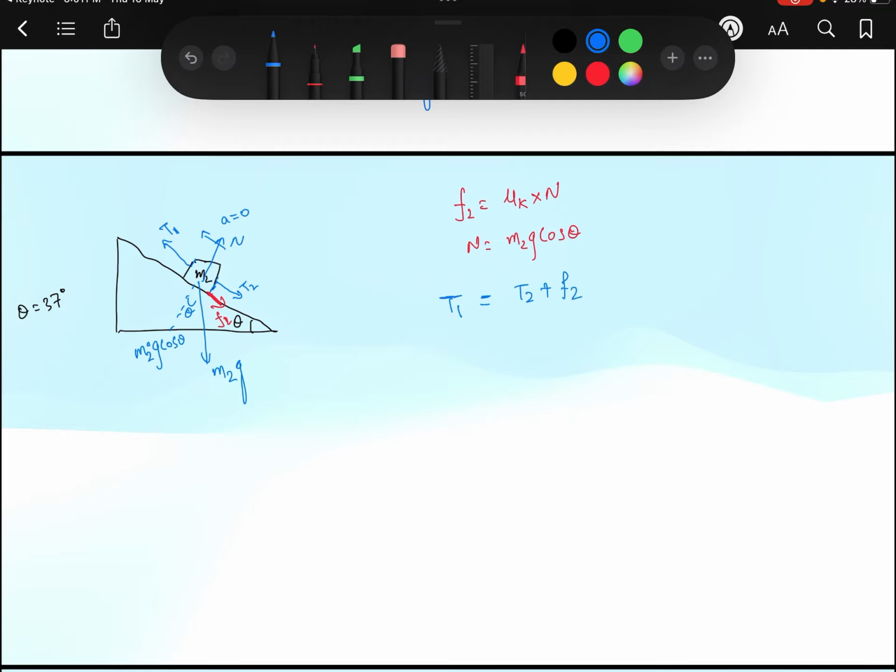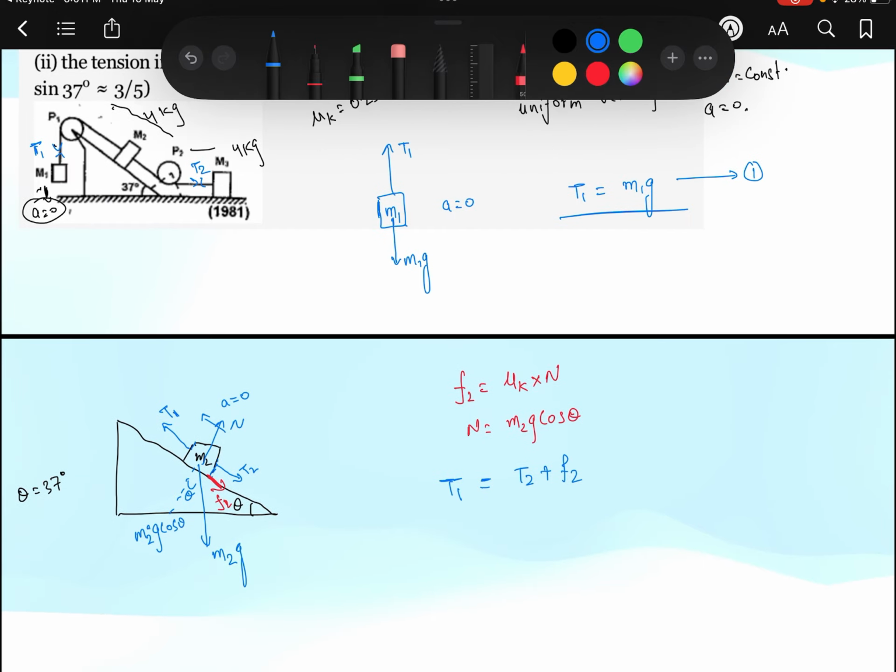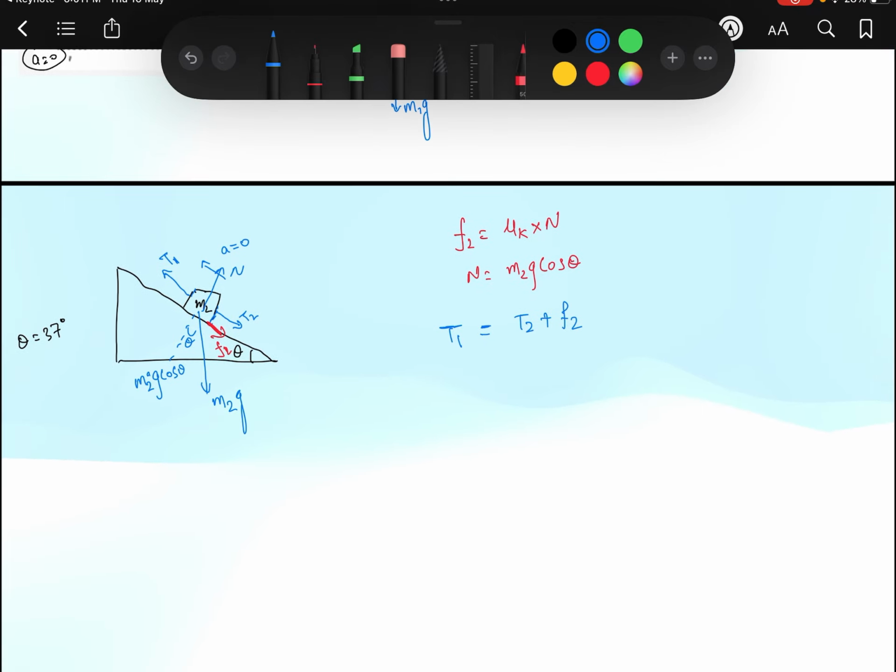The value of T1 we already know is m1g, or we will substitute it later. I will directly write the equation only here: T1 is equal to T2 plus F2, the friction force on the m2 block, where F2 is equal to mu k multiplied by the normal force, m2g cos theta. So this is our equation number 2.